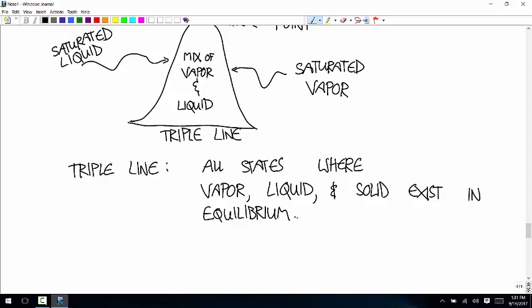So at those combinations of pressure, temperature, and volume, you could have an ice cube sitting in a puddle and steam, liquid, gas, all in equilibrium, and they won't be moving in one way or the other.